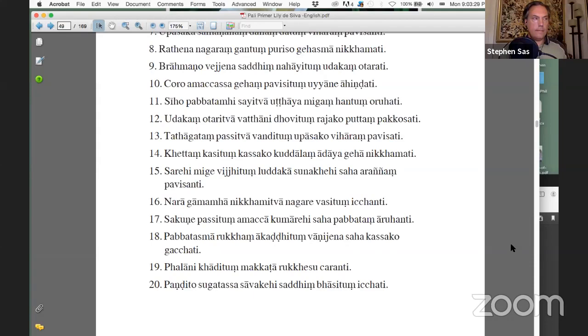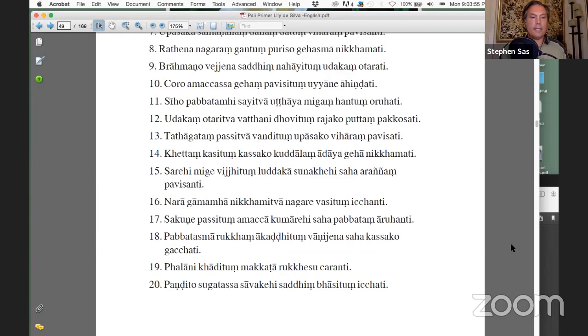Sometimes I notice that the present tense is used. So the sense of the absolutive is an action which is generally completed right before the main verb of the sentence. But sometimes, as we said, it could be happening at the same time. Okay. So it depends on the sentence.